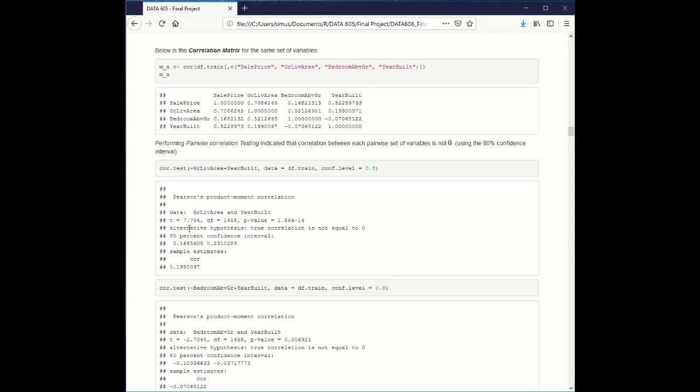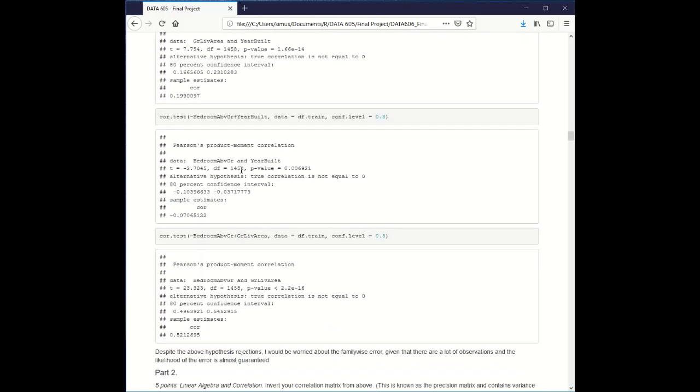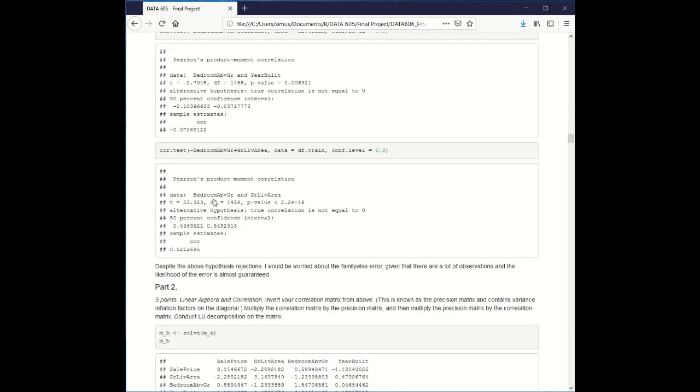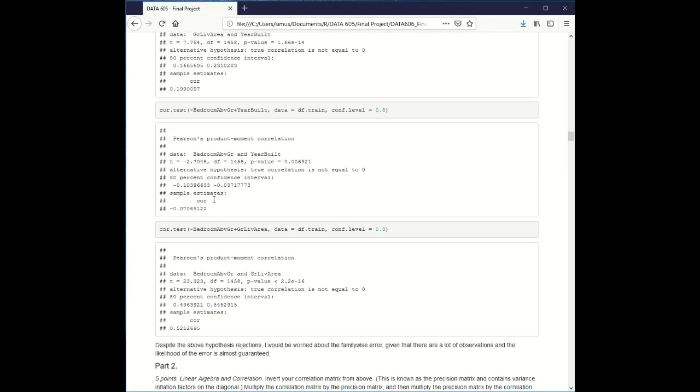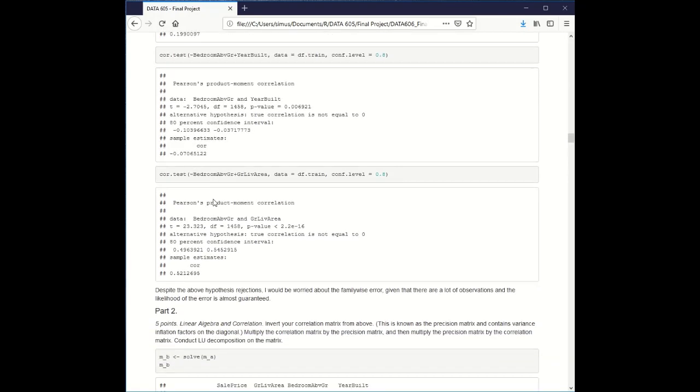That means the alternative hypothesis is true, and we reject that the two variables are independent. Similar results for the other pairwise comparisons.